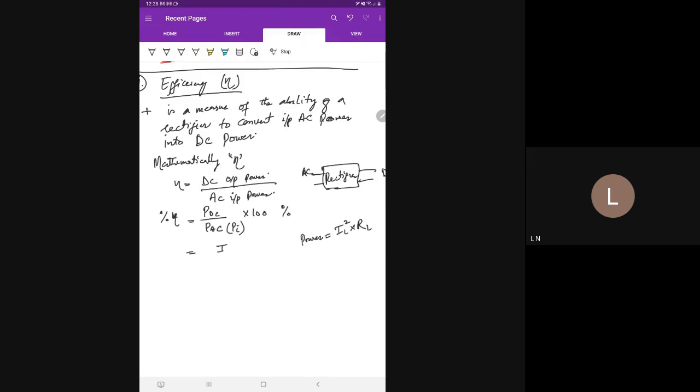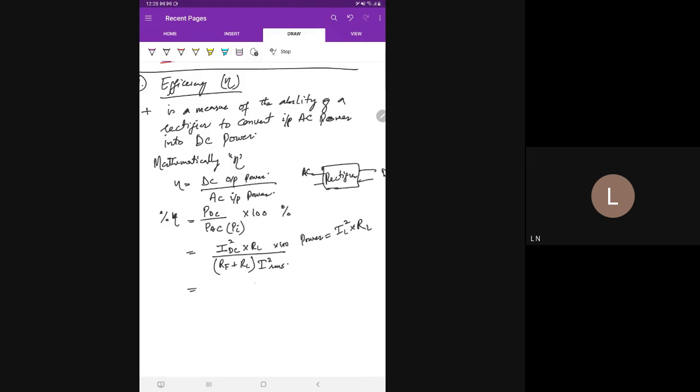Okay, so we can say then output power is equal to, what is the output load current? It is DC current. So I square DC into RL divided by, what is AC input power equal to? It is Rf plus RL into I square RMS into 100.